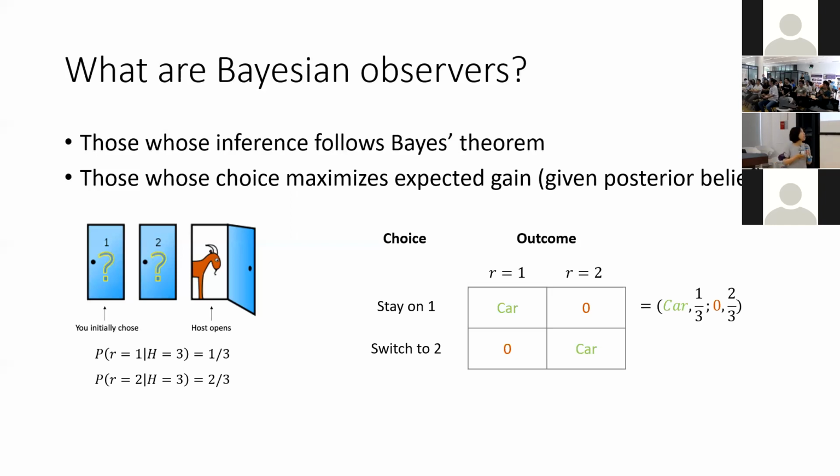If you stay on 1, then you have a 1/3 probability to win the car and 2/3 probability to win nothing. And if you switch, here's the lottery. In this case, it's actually quite obvious that switch to 2 dominates stay on 1.